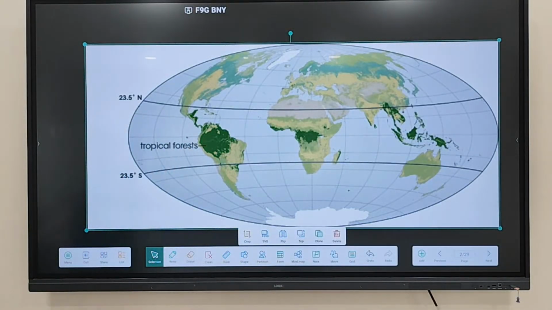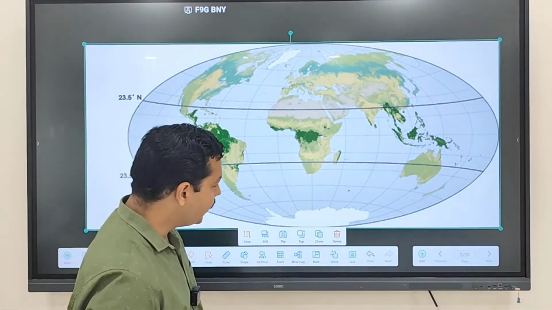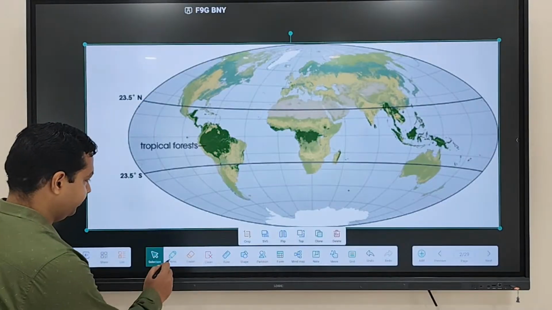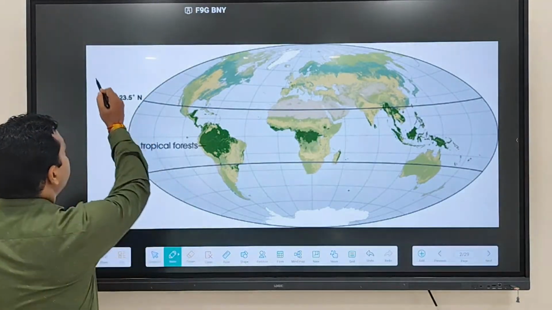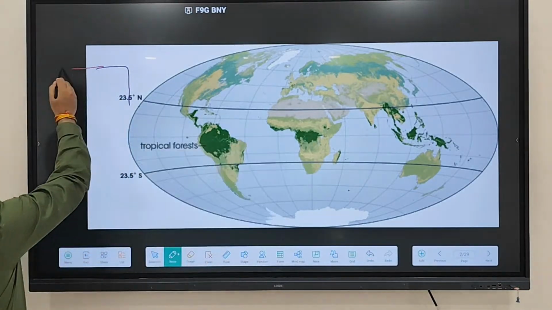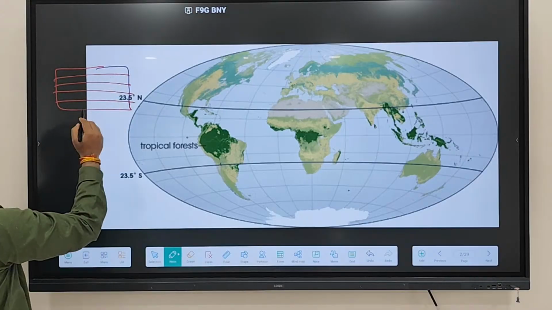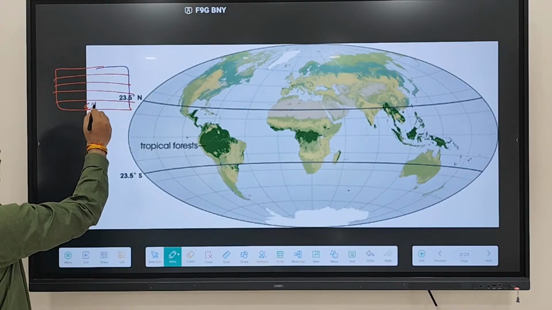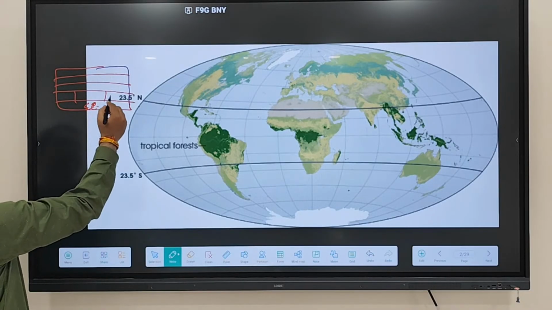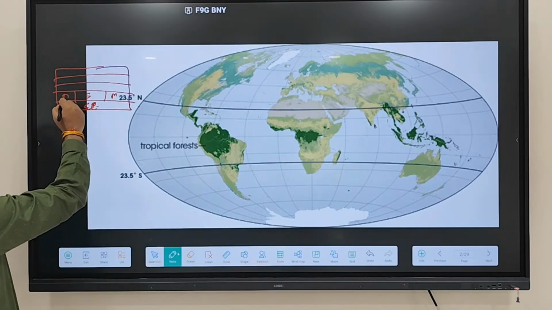Now we'll start with the climatic part. Last class we discussed the climatic part, and we have divided the climate into various types. Equatorial climate, then monsoon climate, savanna climate, desert climate.